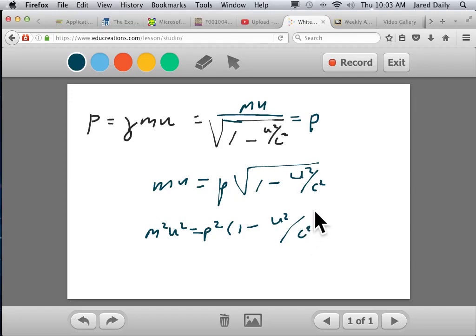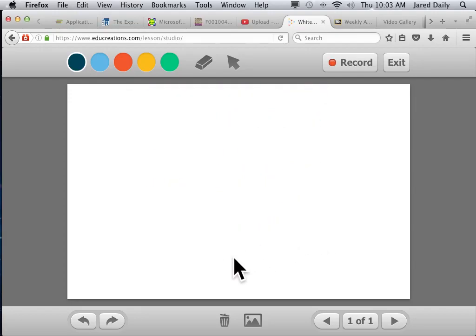Terrible mouse writing skills. So now I need to solve for u, so I need to get all the u's on one side. The first thing I'm going to do is divide by m squared on both sides. We'll get rid of it here, so then I've just got this thing.